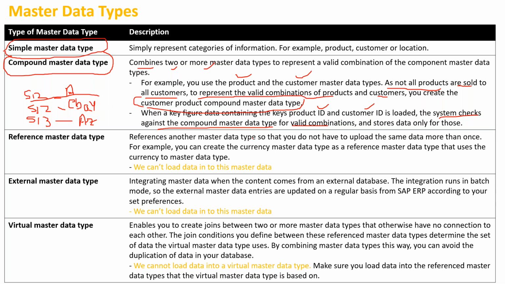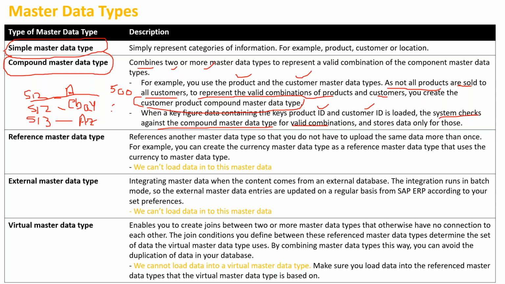So that's the second thing. And what is the third thing? Some attributes only make sense if you have the compound master data types. For example, the product is S12. What is the unit price, the selling price, of the S12 smartphone? If I don't have a customer dimension, I cannot really tell my unit price, because that depends upon the customer I'm selling it to. The same S12, if I'm selling it to Amazon, my price would be $500.